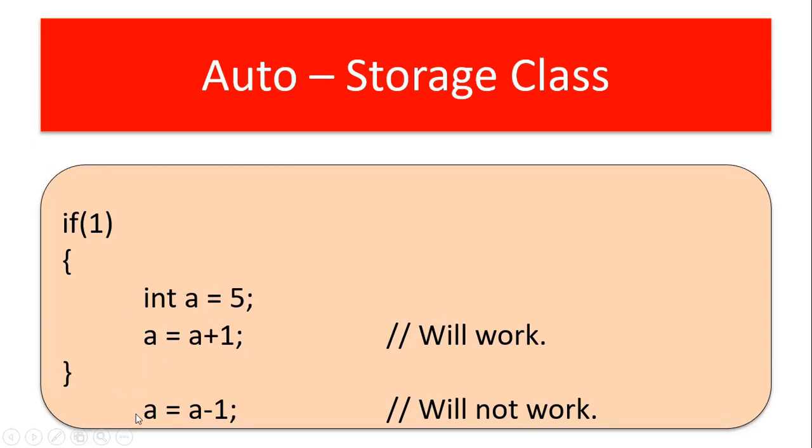So when the compiler comes here, a equal to a minus 1, it will find there is no variable like a, so it will be an error. So this is called the auto storage class. Any variable declared inside a block can be accessed only from within the block, cannot be accessed outside the block, and will be destroyed after the control completes execution of that entire block.